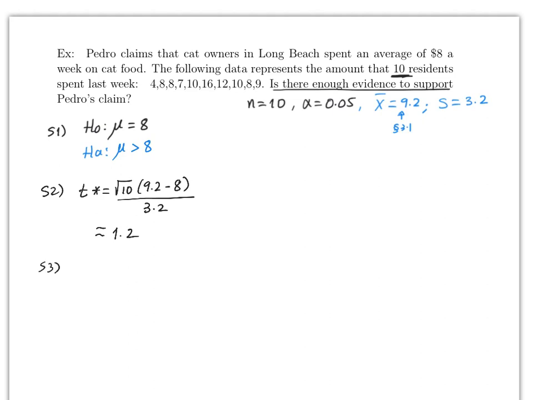For step 3, we need to figure out the rejection region. This time the rejection region is going to be on the right side. Why? Because this is pointing to the right. So therefore the rejection region is going to be T of 0.05, and the degrees of freedom are 9.